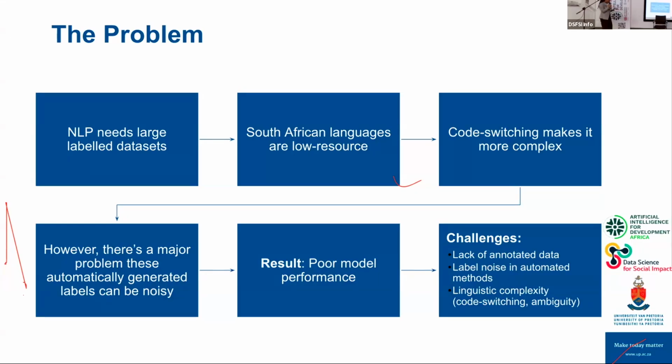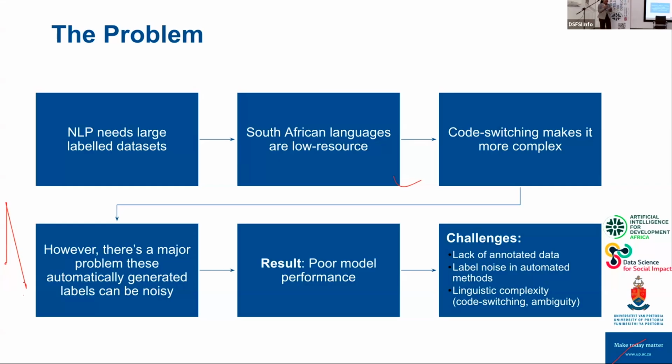But in low resource settings, especially in South Africa, this data is very scarce. On top of that, people often code switch when they are talking, and even when they are writing, meaning they switch between languages within the same sentence. This creates additional challenges like ambiguity, informal speech, and linguistic complexity.